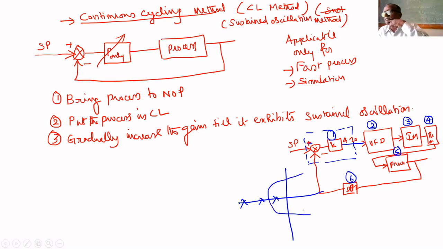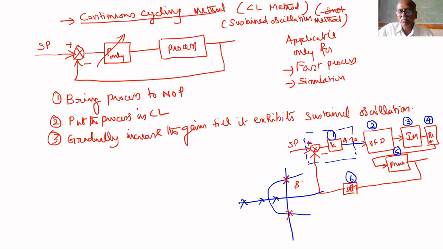Here it is sixth order, so definitely the poles will move towards the j omega axis. So gradually increase the gain till it exhibits sustained oscillation. Definitely it will, because the order is 6. At one point, the poles will be exactly on the j omega axis.